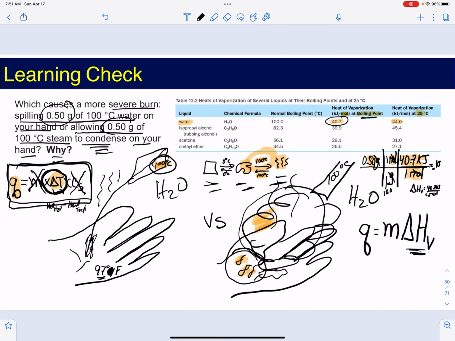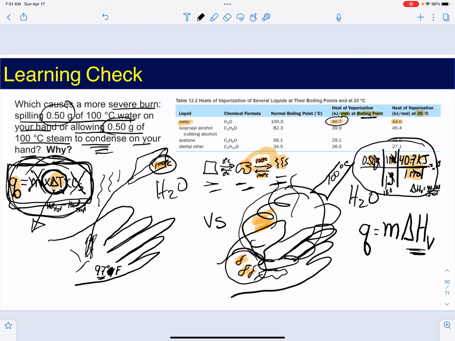we're going to see that on the first one, there's going to be a change in temperature between your body and the water, and then you multiply that, so you can calculate how much this energy is. But this formula will tell you how much energy a change of phase releases.